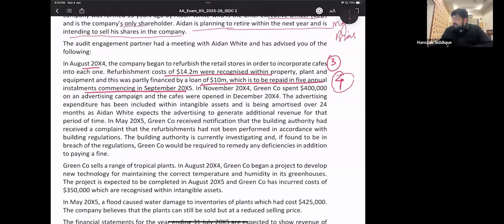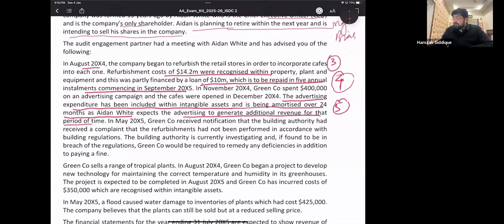In November, Green Company spent 400,000 on an advertising campaign and the cafe was opened. The advertising expenditure has been included as an intangible asset and is being amortized over 24 months, as they expect to generate additional revenue.